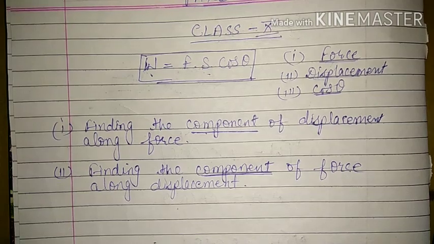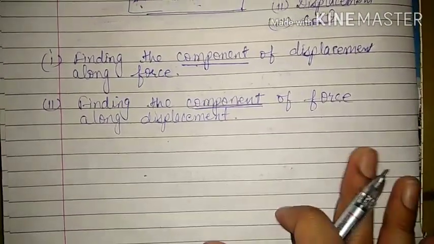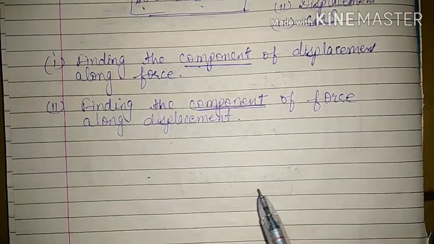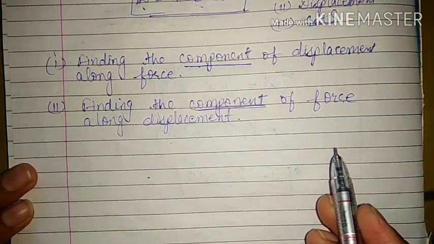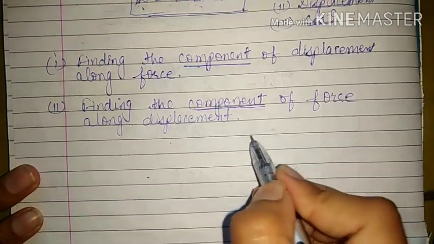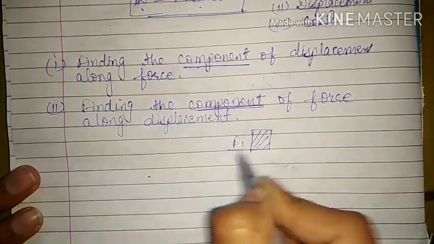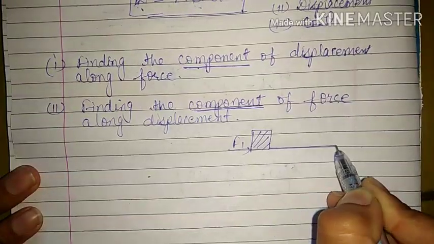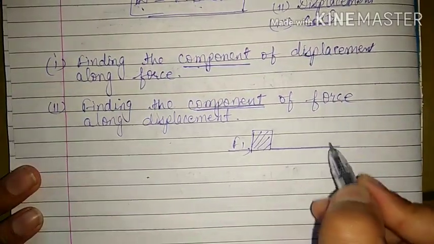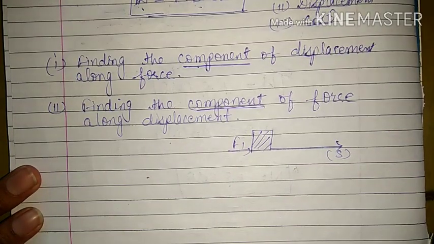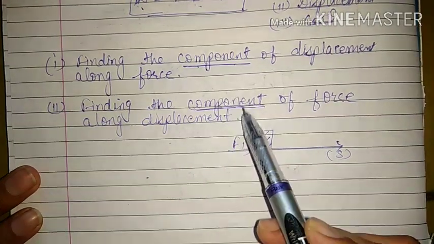So first of all, what is this component? We know about vector quantities. They have direction as well as magnitude. If there is a body and you are applying force on it, and because of that force it is moving in a straight line, that means the motion is rectilinear motion, then we do not need components.